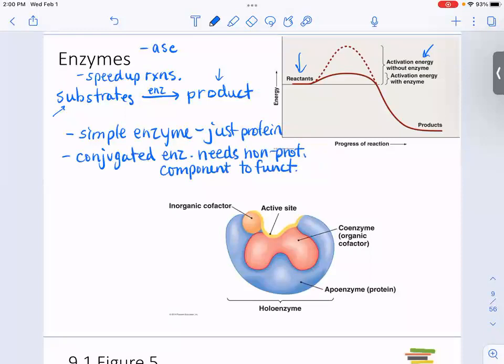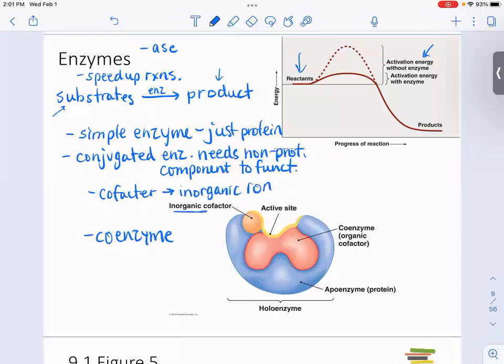So a lot of enzymes need either a cofactor or a coenzyme in order to function. A cofactor is usually some kind of inorganic ion.